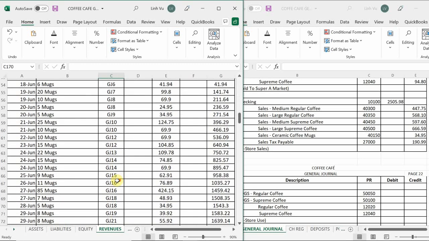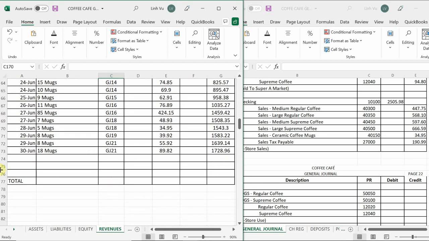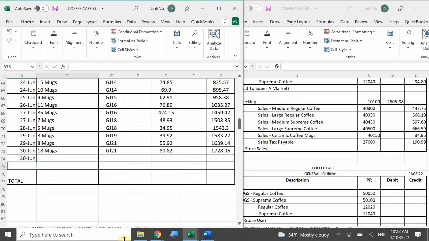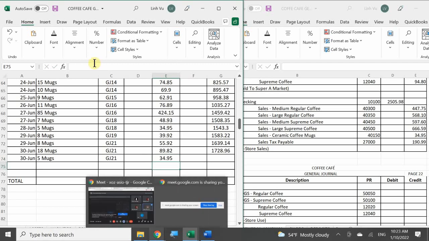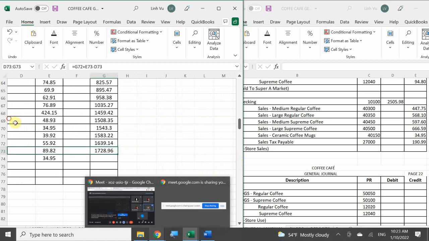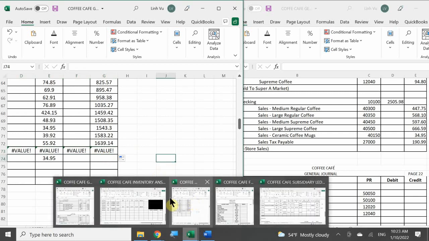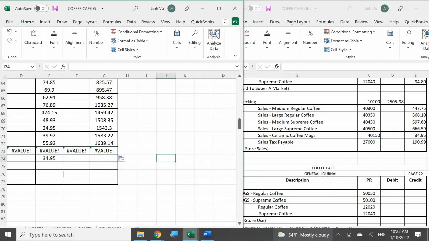And then we got some ceramic coffee mugs. How many did we sell? 5. For a total of $34.95. Grand total. Oops. Grand total. 1,763.91.